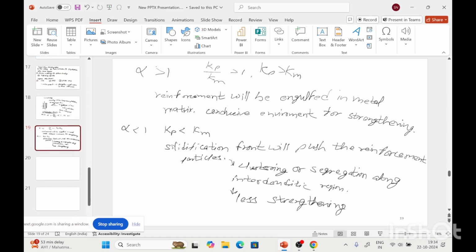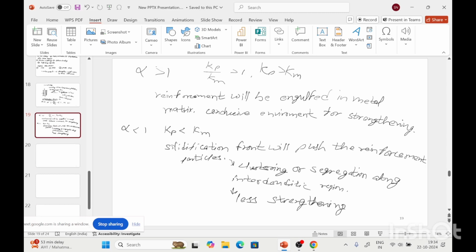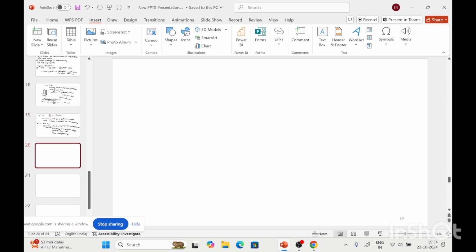Now how does the elastic modulus increase in the composite? The increase in elastic modulus is given by the rule of mixture. In the rule of mixture, the elastic modulus also changes with the change of loading direction.